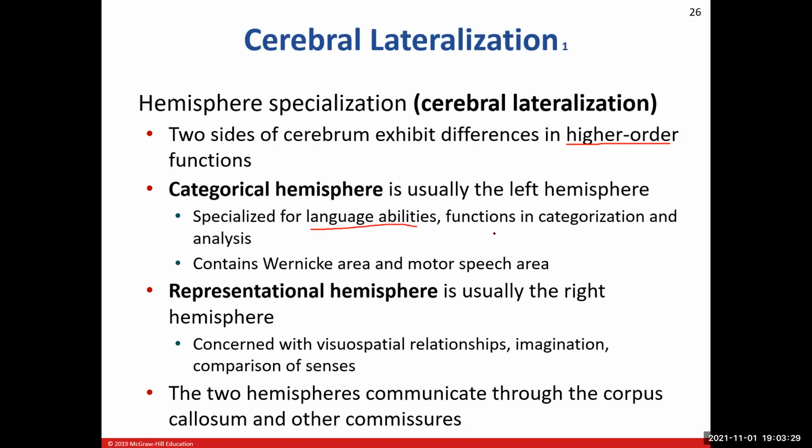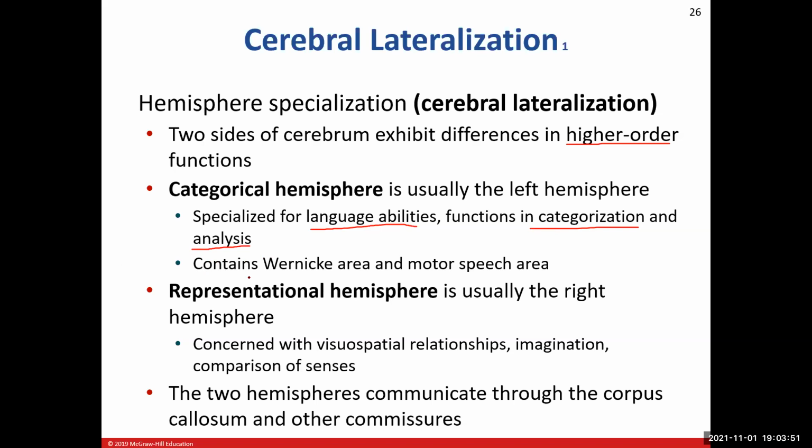We'll also see categorization and analysis. Again, not critical thinking so much, but just analyzing.